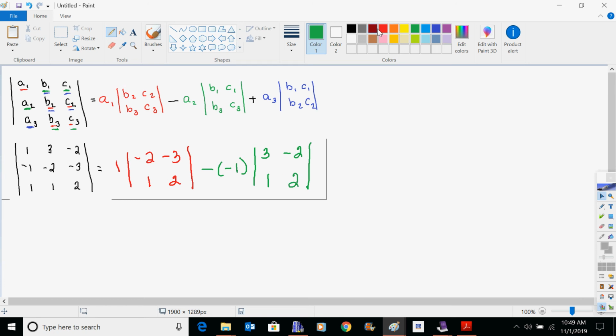And then we do a plus. And we need to take a look at what we're adding. So we're adding the 1 times the determinant of 3, -2, -2, -3.